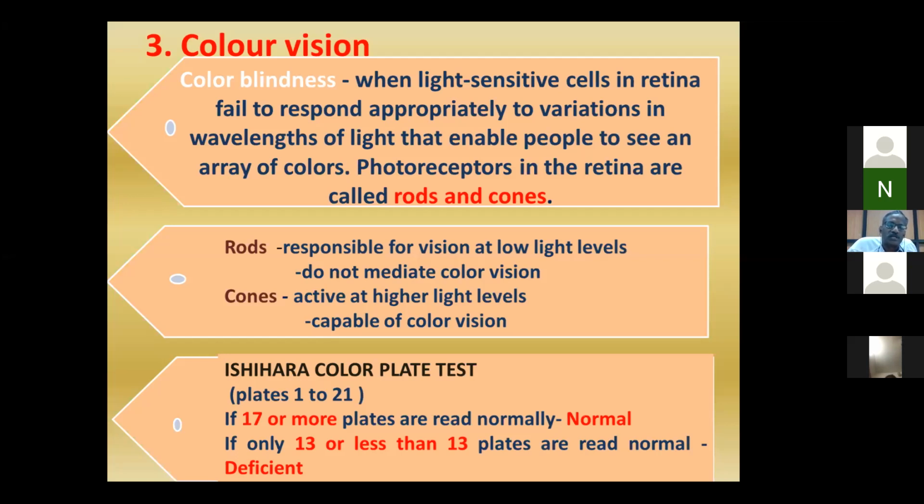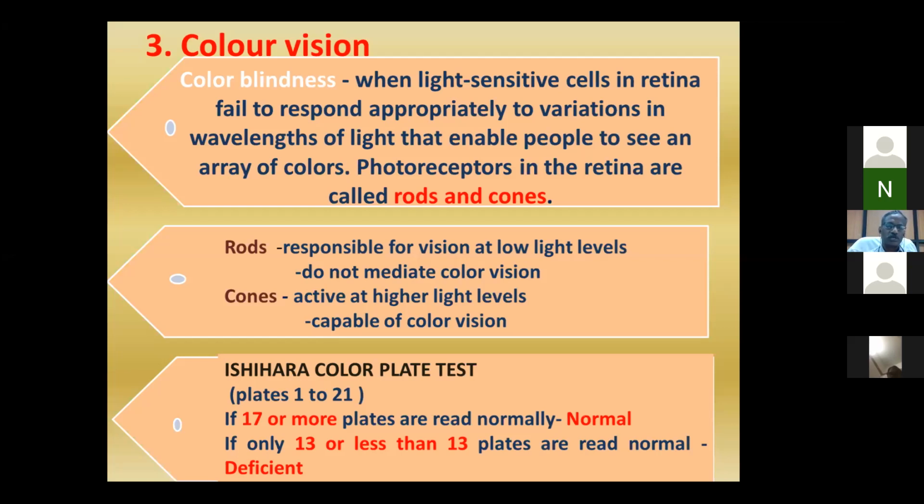For that, the Ishihara color plate is there. It has 21 color plates. If the patient can identify 17 or more plates, that is known as normal. If the patient is below 13, that is known as deficient color, as the book says. These are the plates here.